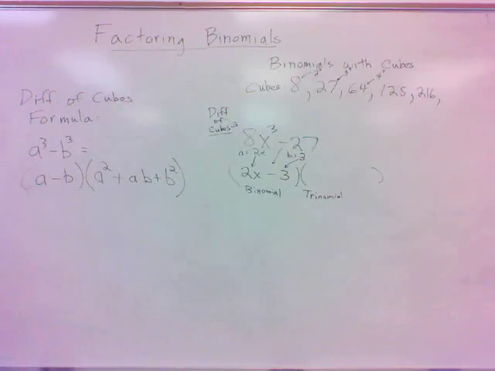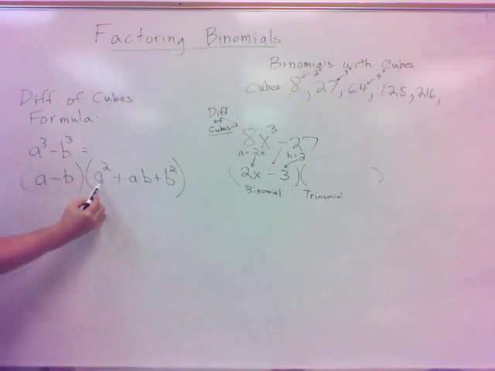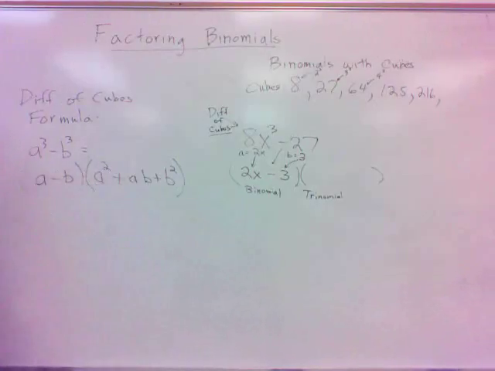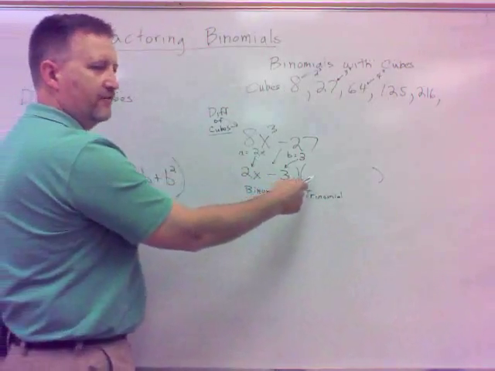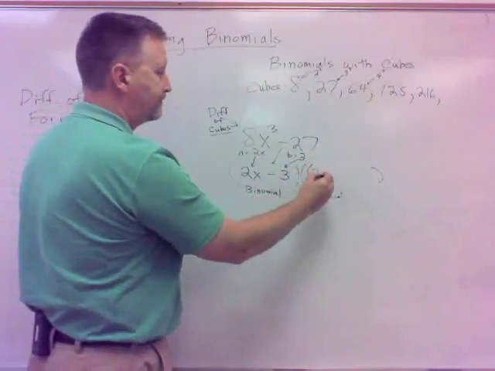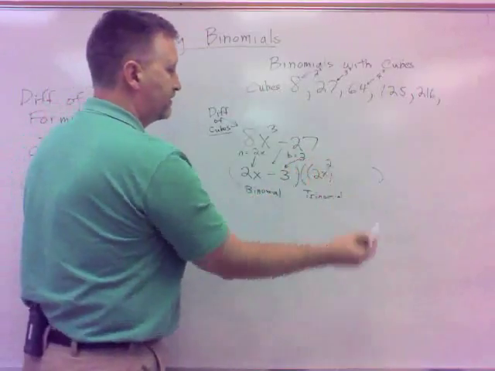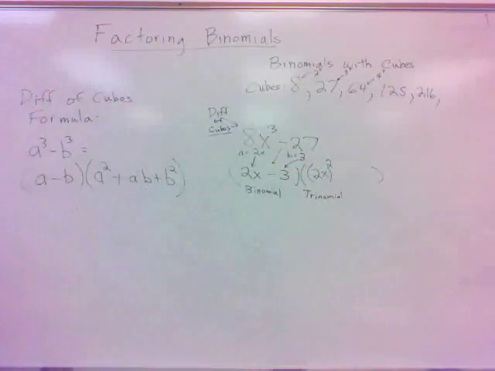Now for the trinomial. All right, so what does a trinomial include? Well, it's a little different. It includes an a squared, a being 2x, so I'm going to square that right here, which means I'm going to square 2x. Then what?